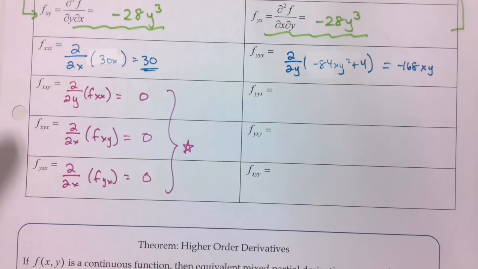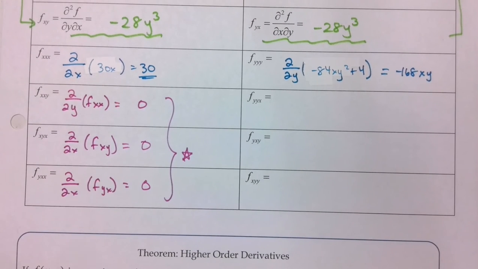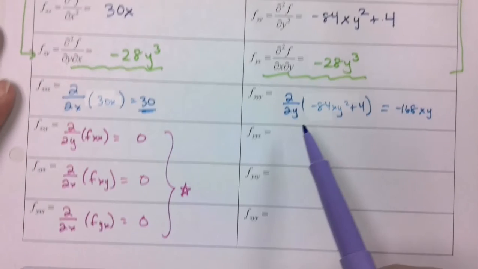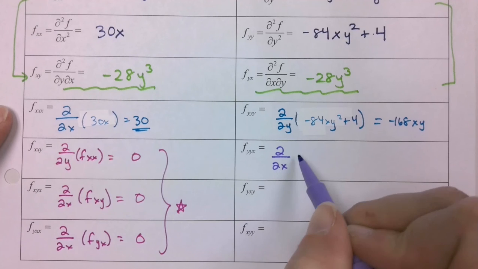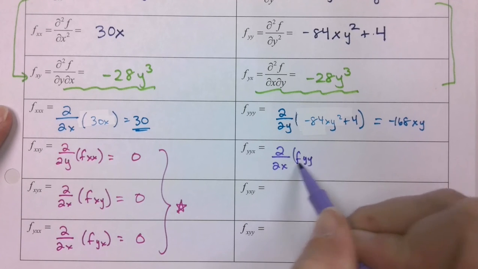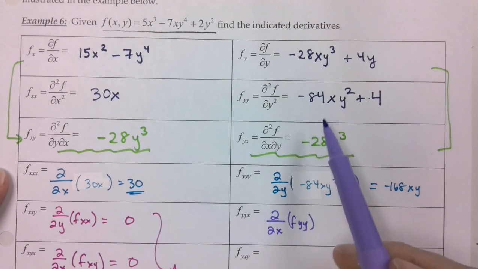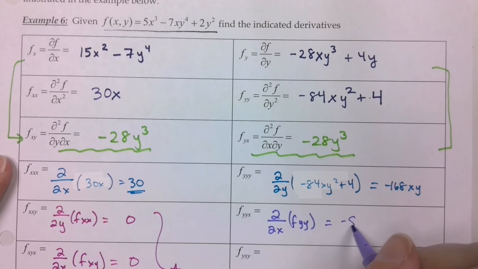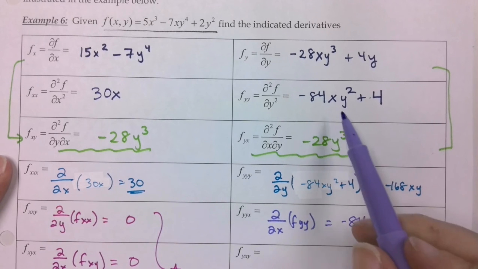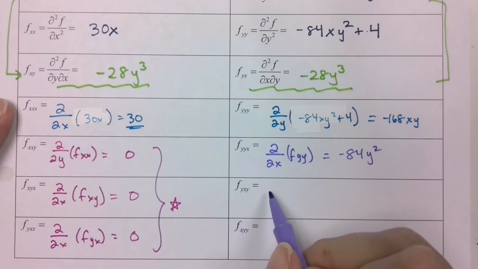So if I look at fyyx, so that's the partial derivative with respect to x of fyy. Fyy is right here. So I'm going to take the derivative of that with respect to x, and that would be negative 84y squared. All right, what about fyxy?